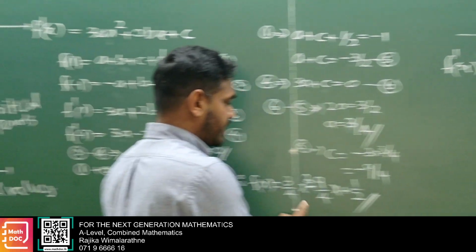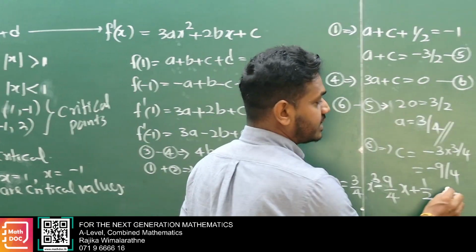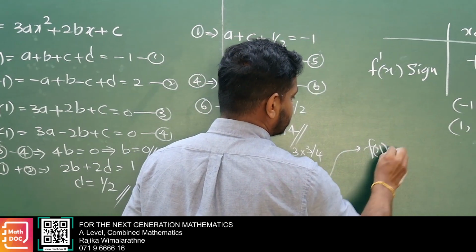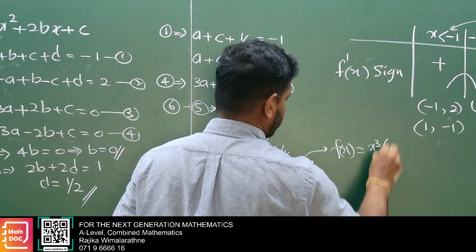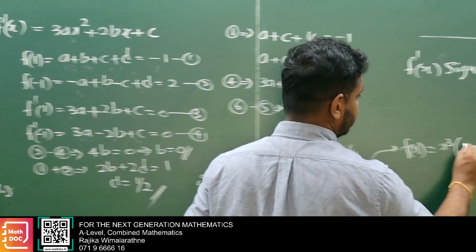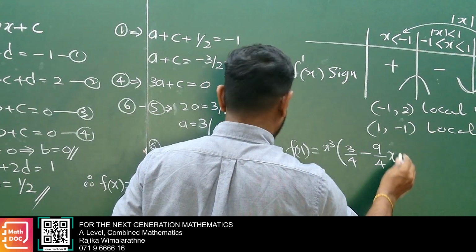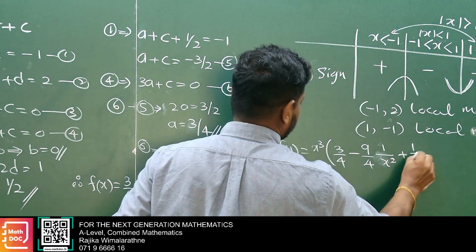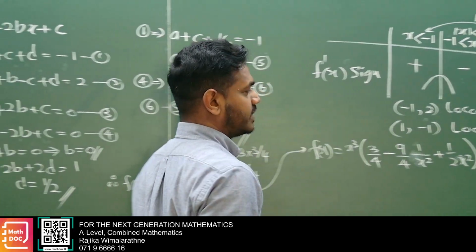Now here we have the function. Then by this you can check terminal limits. So for f(x), you take the maximum power term outside, that is x cube, then 3/4, 9/4 times 1 over x squared, 1 over 2 x cubed.